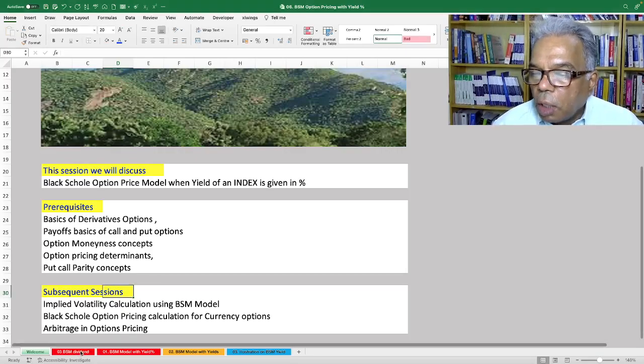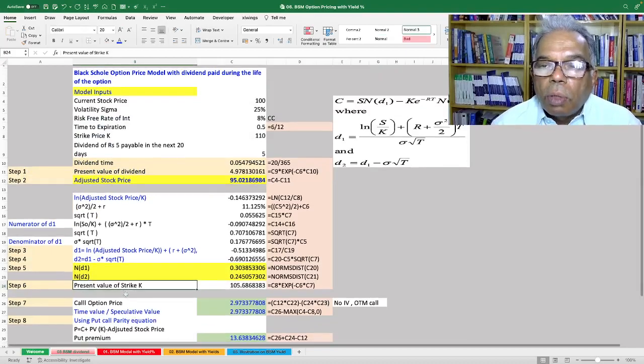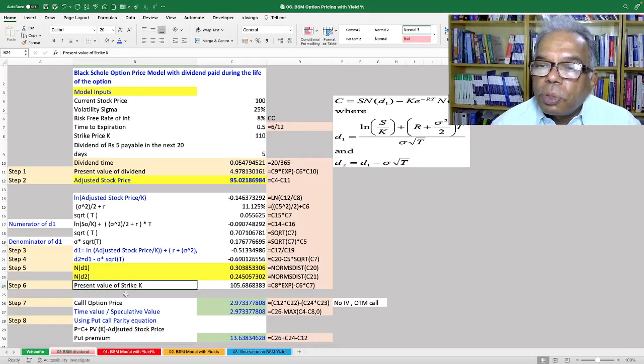In the last video, we discussed how to calculate call and put options when the dividend is given in dollars and paid within the life of the option. One of the important steps was to calculate the present value of the dividend and subtract it from the current stock price.